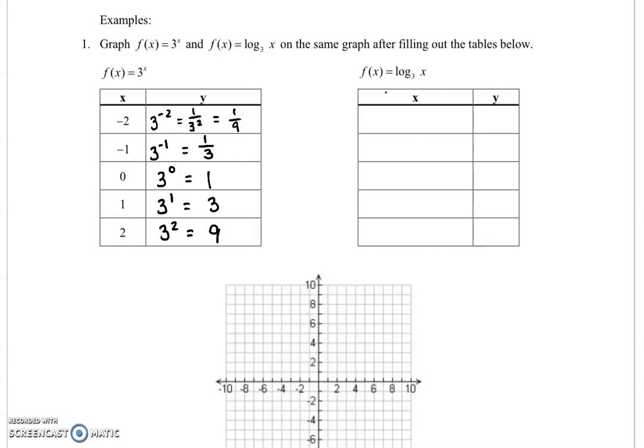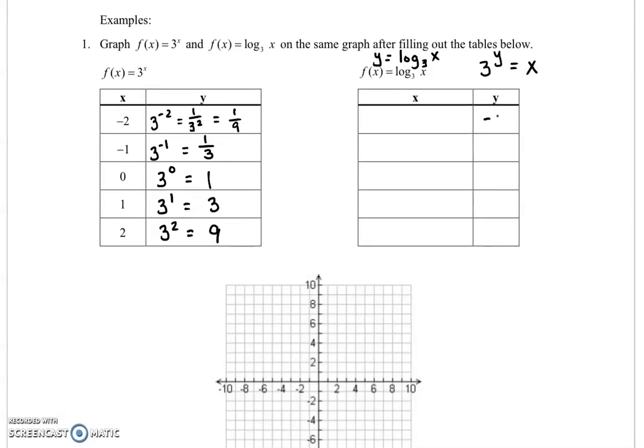Okay, let's do the logarithm. So remember I said how the input of one becomes the output of the other? So remember, if we rewrite this log base 3 of x, which remember f of x is the same as y, as an exponential, we have 3 to the y equals x.